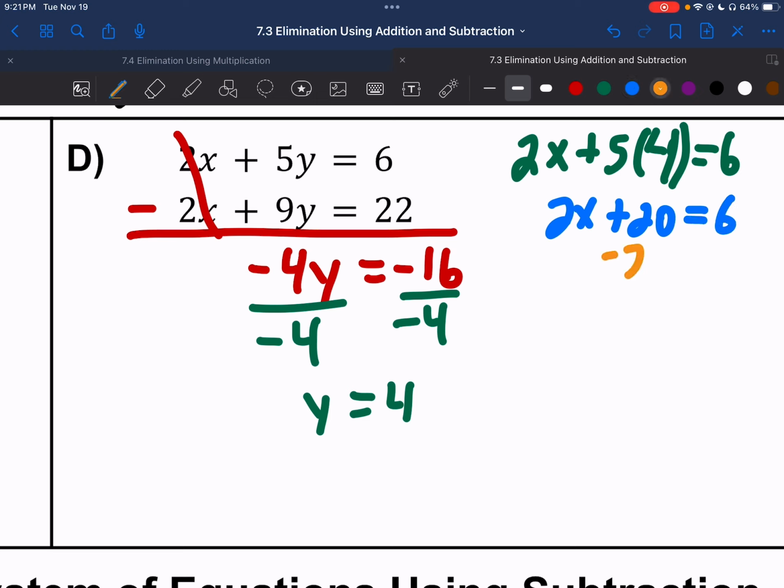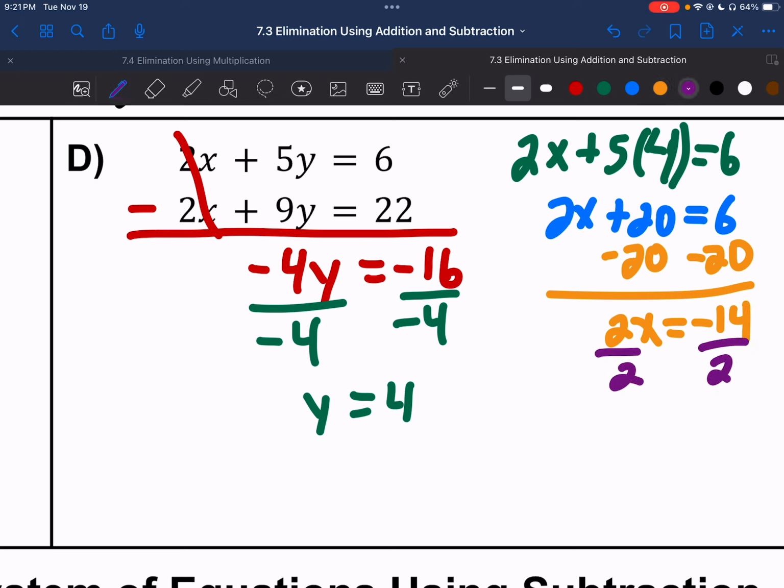And we're going to subtract 20 from both sides. We've got 2x equals 6 minus 20 is negative 14. Divide by 2, x is equal to negative 7. So my ordered pair is negative 7, 4.